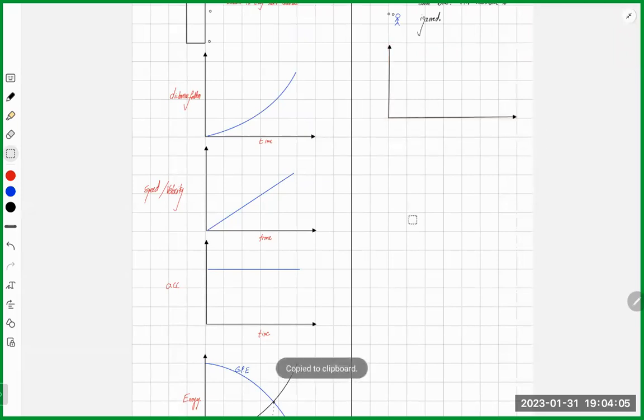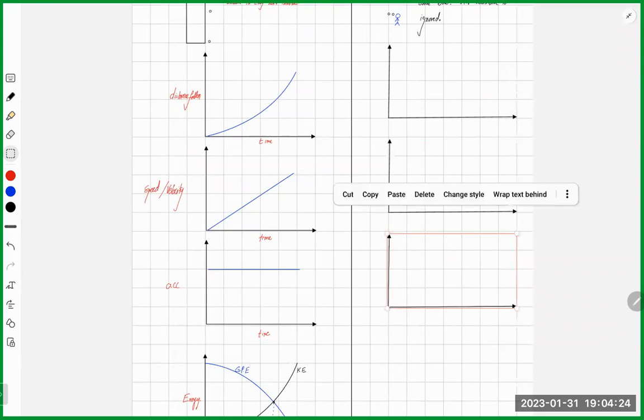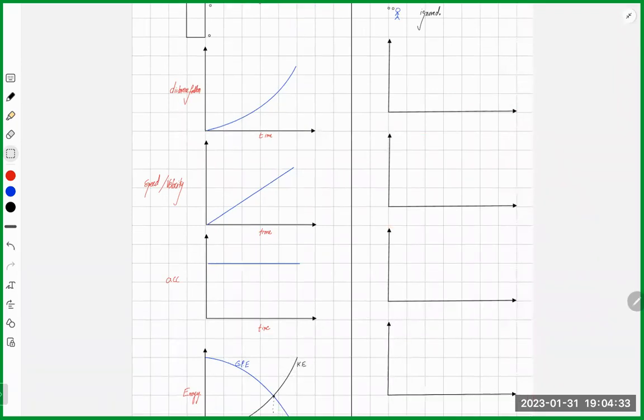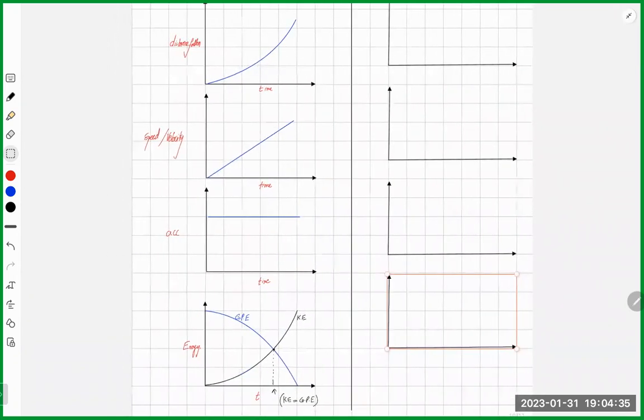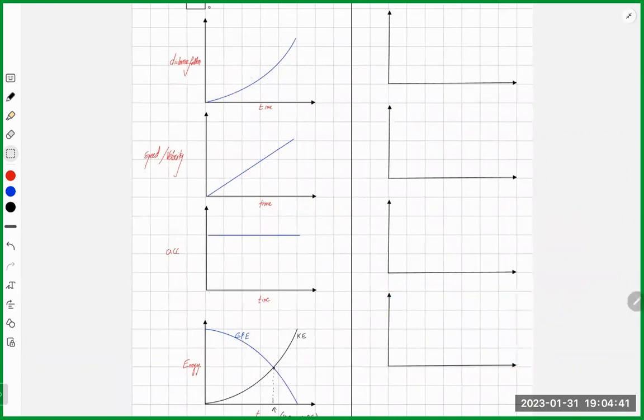Distance traveled, then displacement, then speed, velocity, just one second.